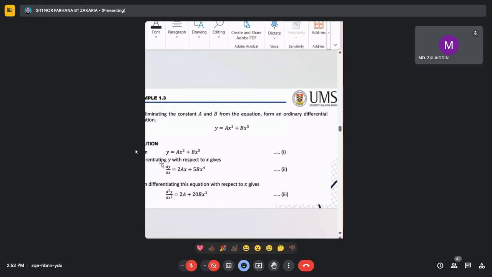Still remember, differentiate is the reverse, integration is the reverse method to find the function.